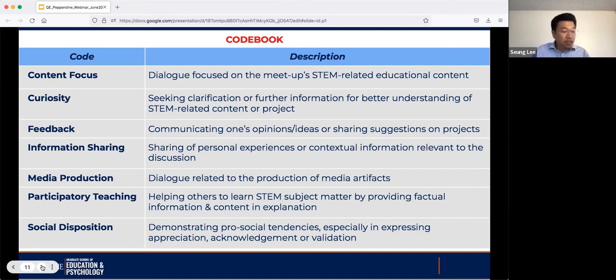And finally, in this particular analysis, we had social disposition, which was whenever students demonstrated pro-social tendencies, so by validating or expressing appreciation, acknowledging other people's contributions. So this was the code book that we used for our analysis.